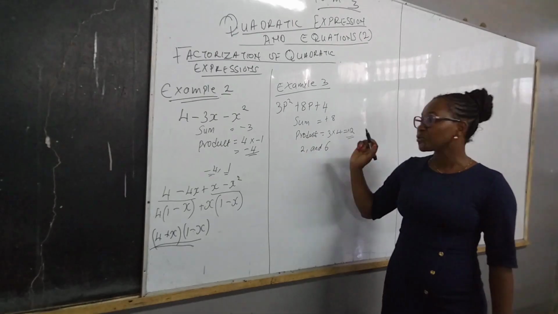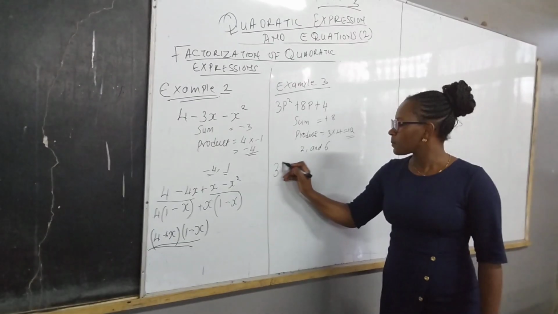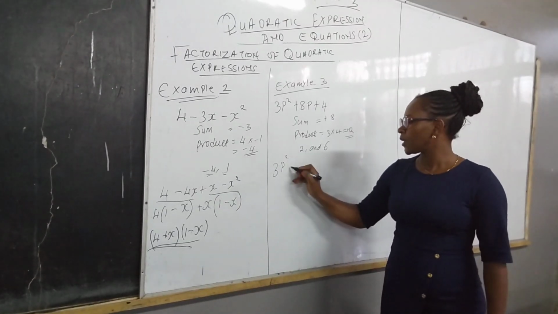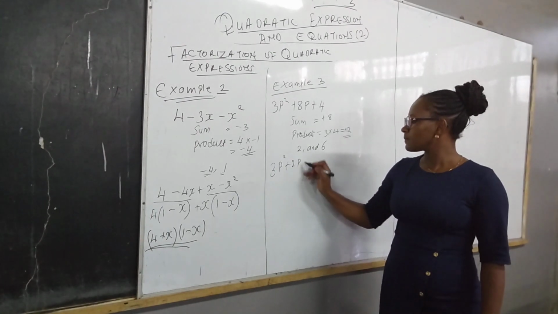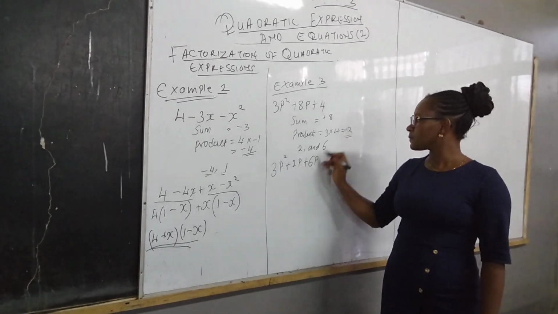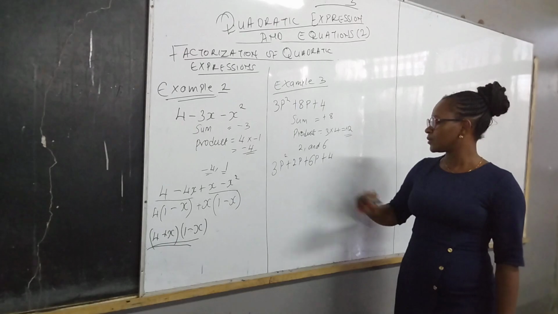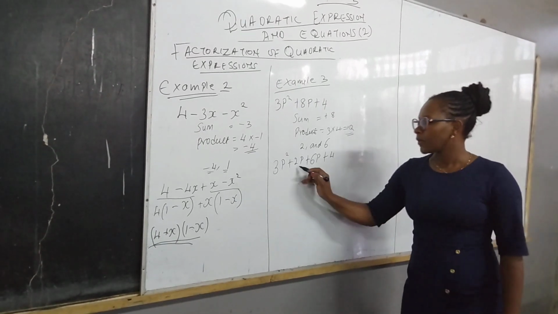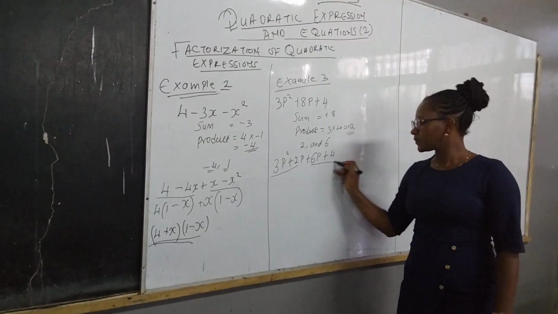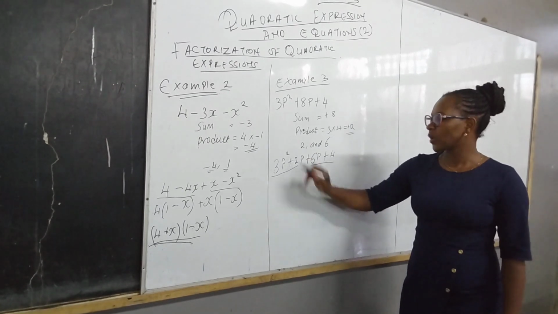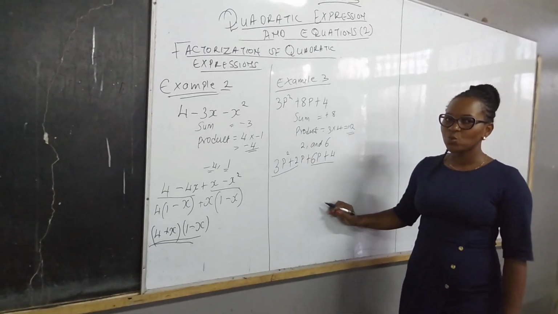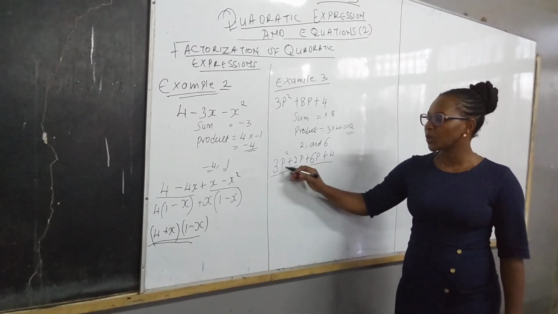Now we follow the same procedure. 3p squared plus 2p plus 6p plus 4 up there. Then we factorize. Between 3p squared and 2p, we have p appearing twice.